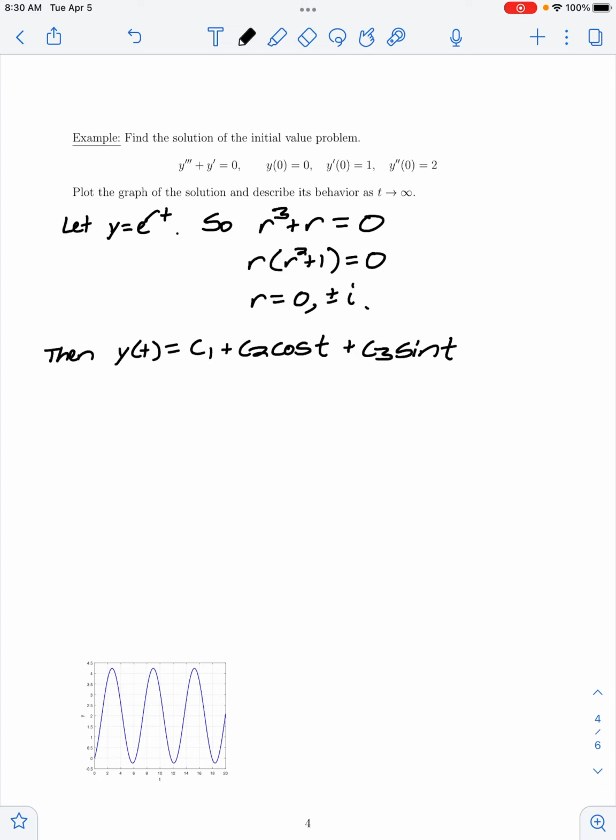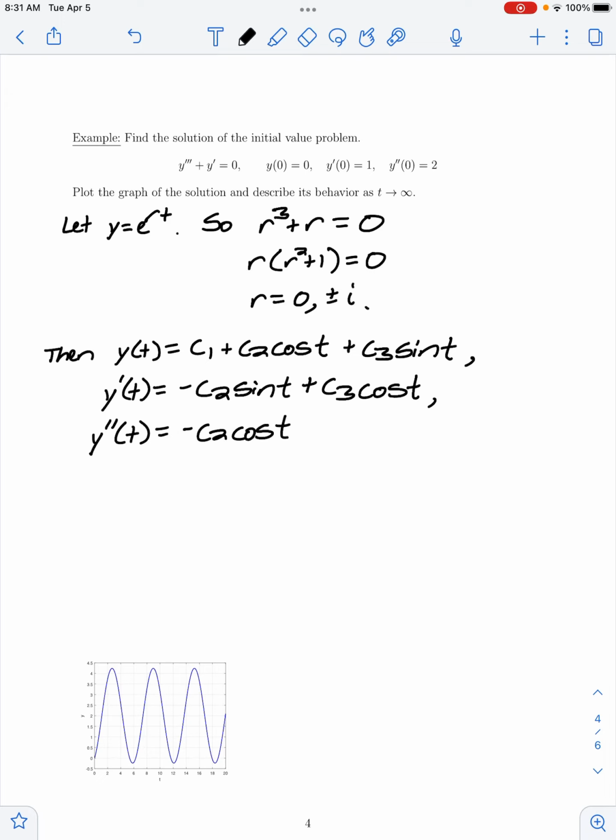So I need to find my first 2 derivatives here. My first derivative of this general solution would be negative c2 sine of t plus c3 cosine of t. And my second derivative, y double prime, would be negative c2 cosine of t minus c3 sine t.